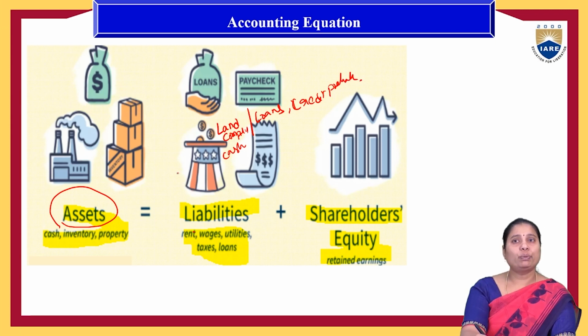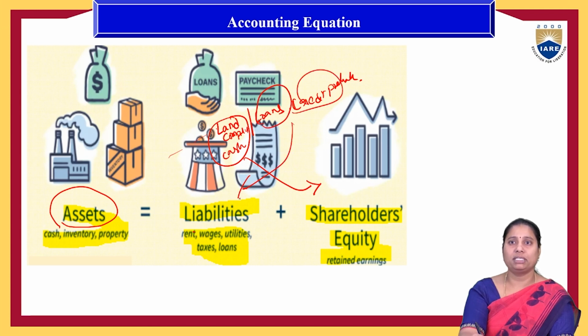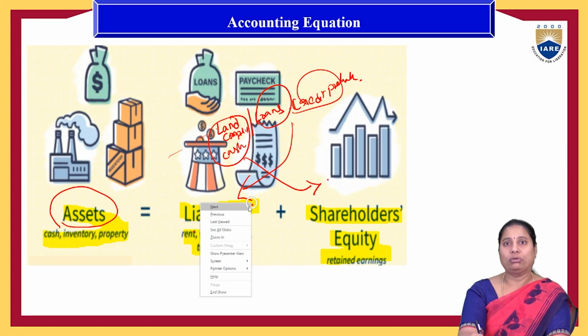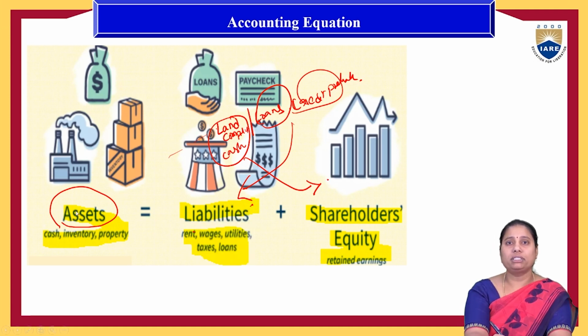Then in this one, land, computers and cash belong to the owner, meaning shareholders, and the loans, credit purchases, etc. mean his liabilities. His amount plus his taken amount, he has invested in the organization.